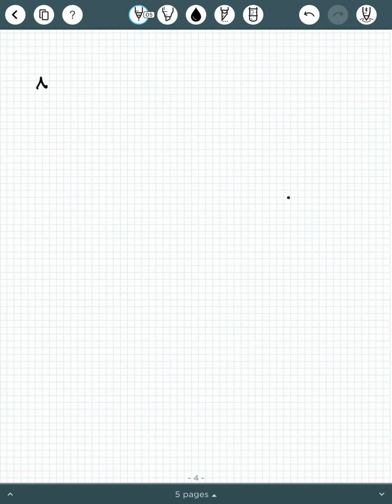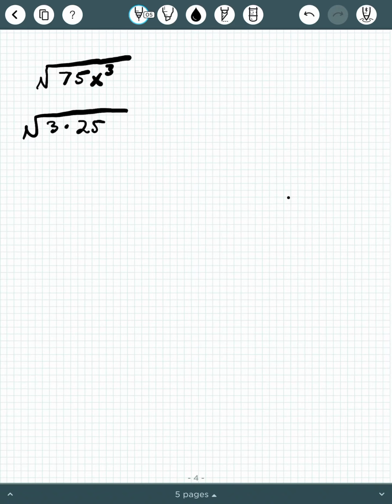Let's do the square root of, to keep it simple, use 75 again. But now let's call it 75x cubed. All right, so this should look pretty comfortable because we just worked with 75, so I can write this as a square root of 3 multiplied by 25 multiplied by x cubed.